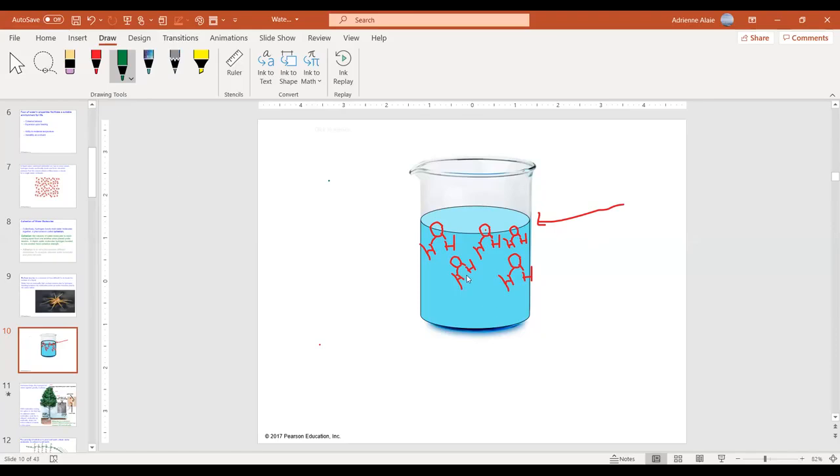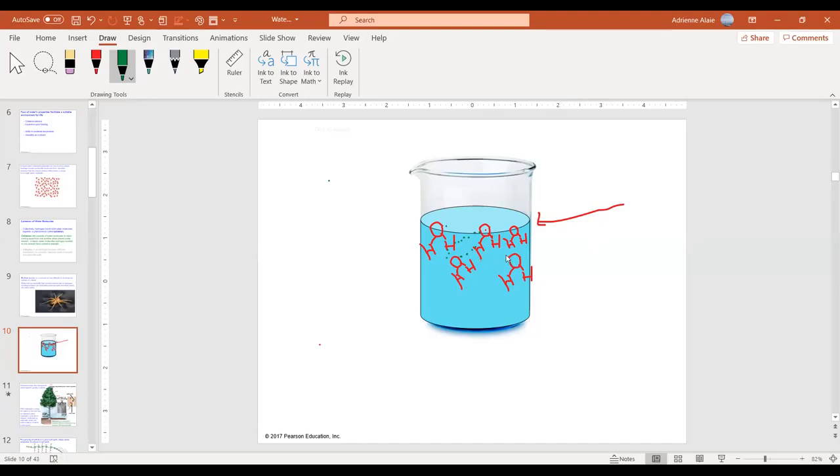I don't know that this will, but the idea is that there are no water molecules above the water molecules that are at the very surface. So the water molecules at the surface will hydrogen bond. Of course, they're not this far away, but I'm trying to show you regions with water molecules that are lateral and water molecules that are below.